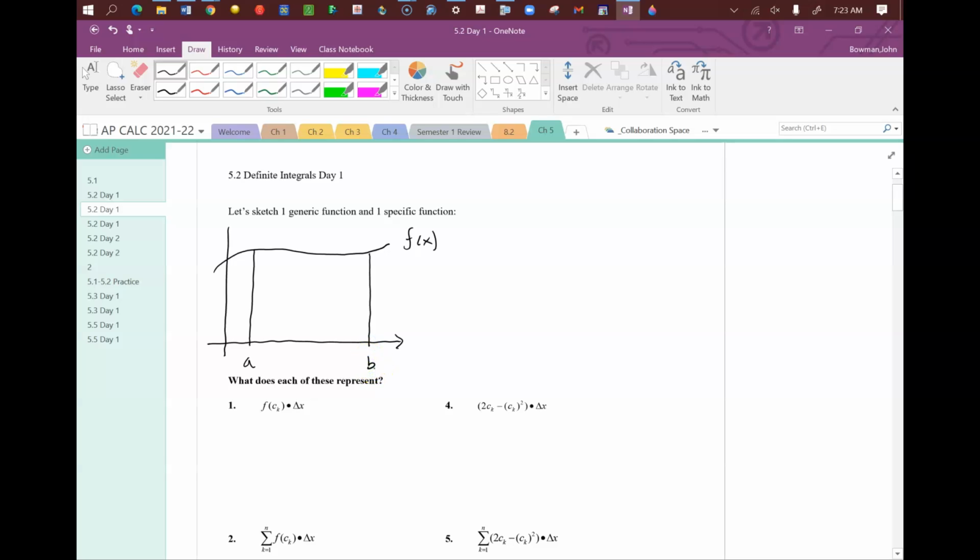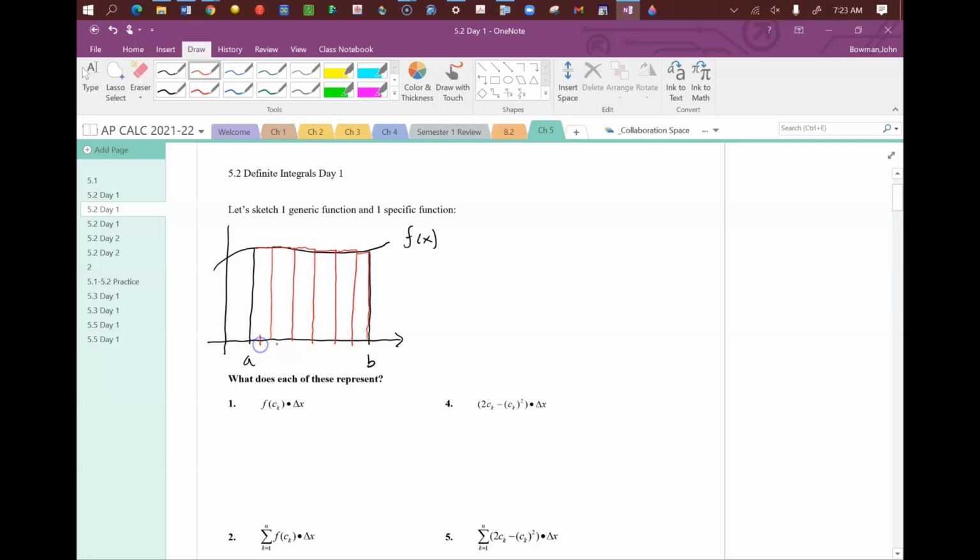And to do that, as you know, we would draw a bunch of rectangles. So I'm going to draw some rectangles here, and these rectangles have heights that correspond to function values. And we're going to label x values within those subintervals, and we're going to call them C1, C2, dot, dot, dot, CK, all the way up to and including CN.